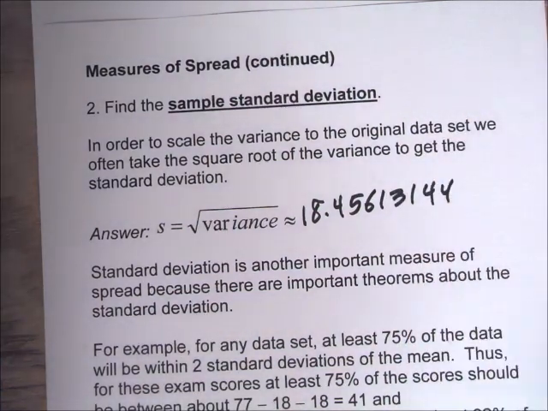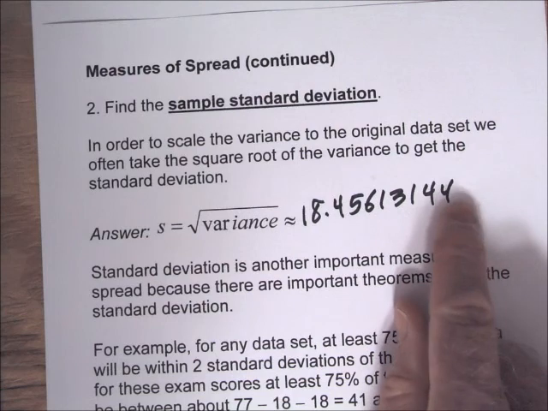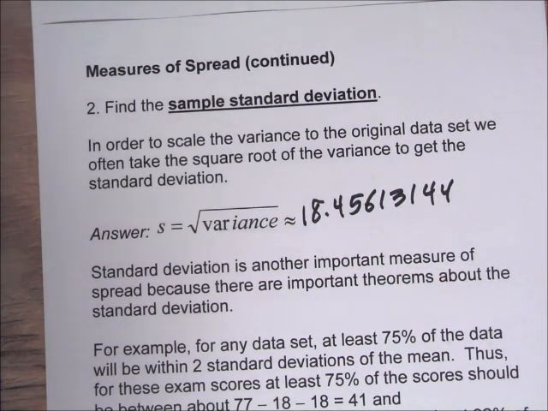Okay, so that's the standard deviation. These exam scores did not have a unit of measure, but if there were a unit of measure, then the unit of measure for the standard deviation would be the same as the unit of measure for the original data set. So if the original data was in inches, then the standard deviation will be in inches, and so forth.